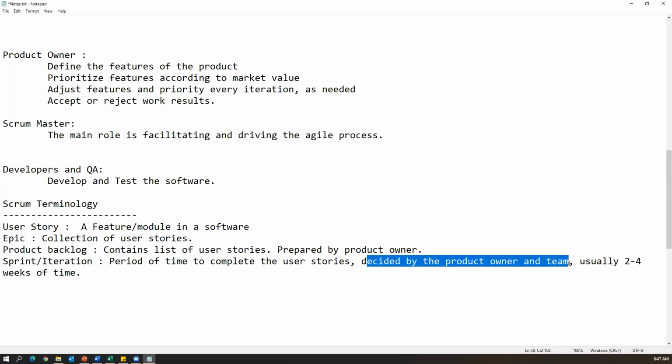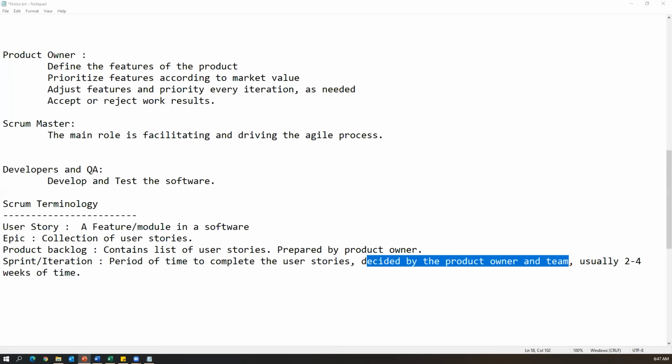The sprint duration will be 2 to 4 weeks. This changes depending on the company. From company to company the duration will change, but at least 2 weeks should be there. Minimum 2 weeks, maximum 4 weeks. That is called a sprint or iteration.